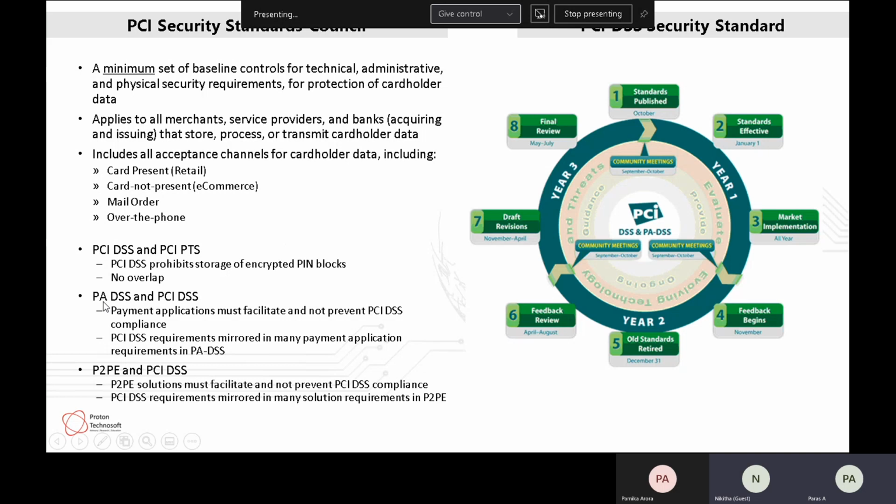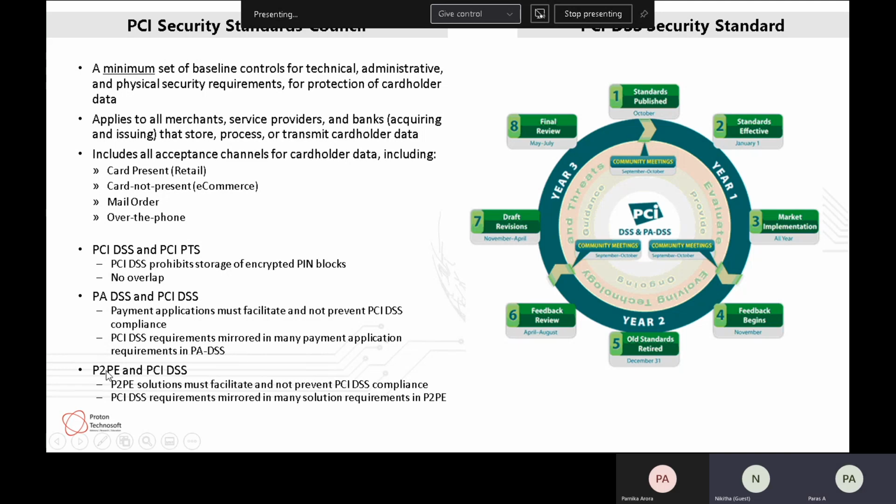The other one is PA-DSS and PCI DSS. PA-DSS is for the payment application, whereas PCI DSS is for the entire environment. And that is where some of the requirements are common between the two. If we look at software requirements in PCI and the requirements of PA-DSS, those are common requirements.